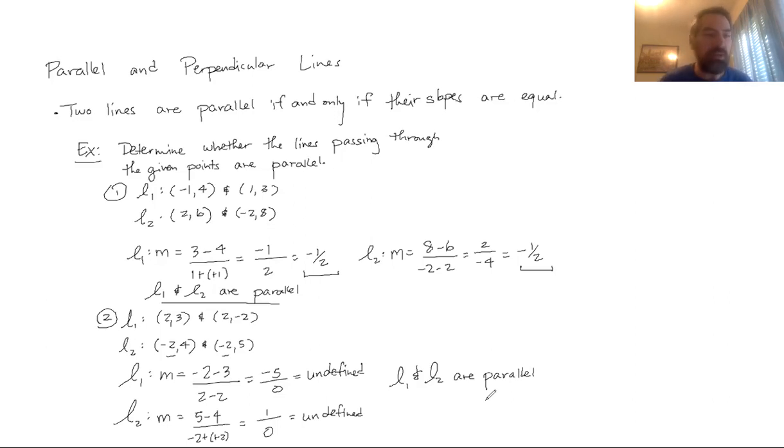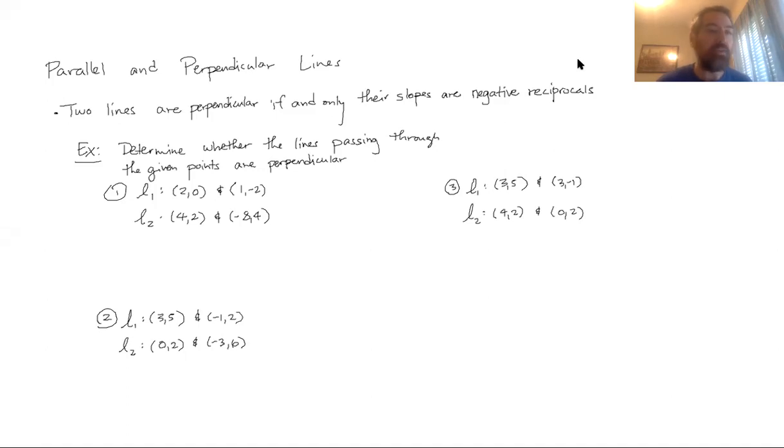In these two cases, L1 and L2 are parallel. Now, I didn't show an example, but it's straightforward enough. If you calculate the slopes of the two lines and you do not get the same answer, then that means that the two lines are not parallel.